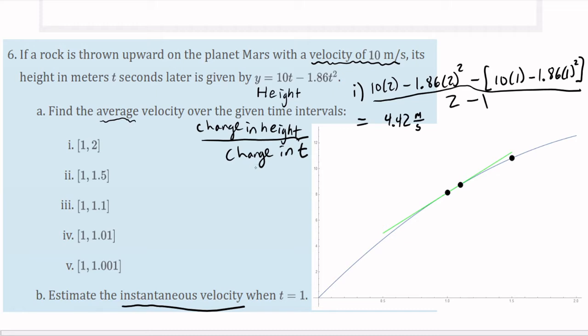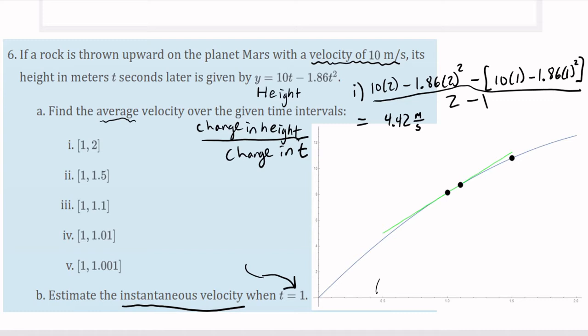What ends up happening, and it's pretty amazing that this works so nicely, is if you keep taking the average velocity, but you don't go all the way out to 2. That's so far. You go closer to the point that you care about, t equals 1. So we keep doing the average velocity, but closer and closer and closer to 1, because I'm interested in your speed at the exact moment t equals 1.